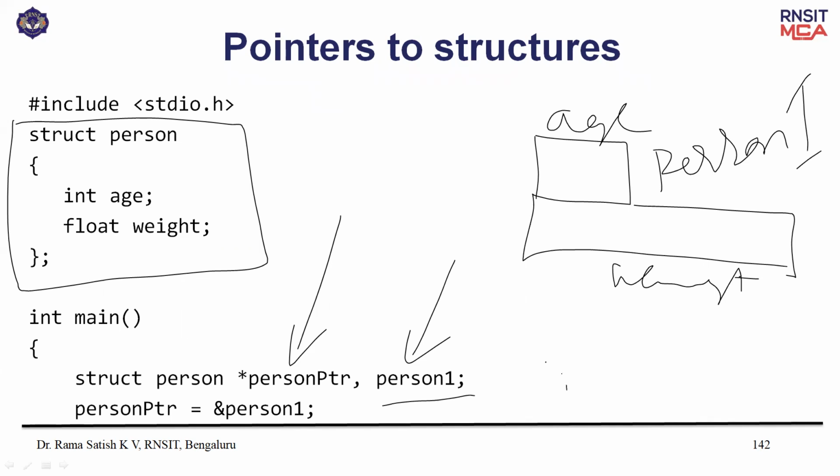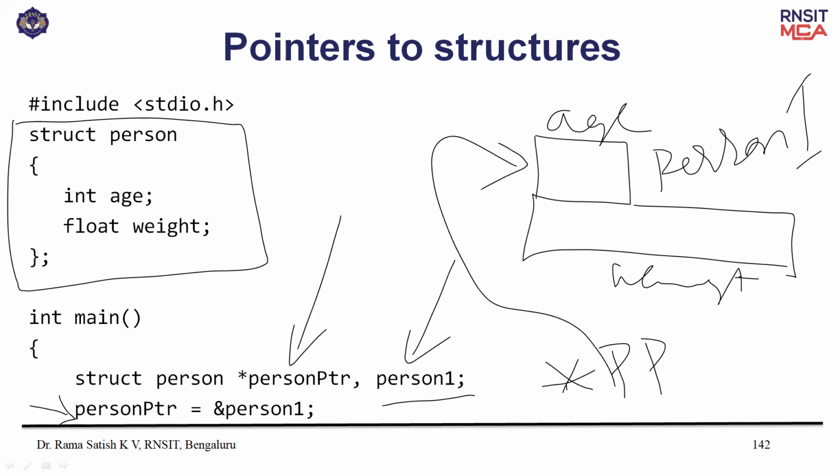Whereas for the pointer person ptr, I just call it pp, memory is not allocated. In the next line, pp is assigned the address of person 1. That means it is pointing to the first element, that is age.